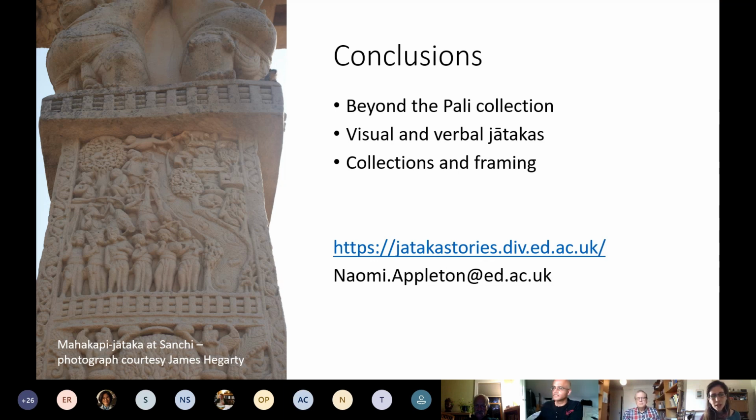And then I really want to get some of the Chinese and Tibetan materials on, because there's some really interesting evidence for Indian Jatakas in some of these other languages. So I think it will probably go into different languages before it goes modern. But who knows? If I manage to carry on in this career for another few decades, who knows where I'll get to by the end.